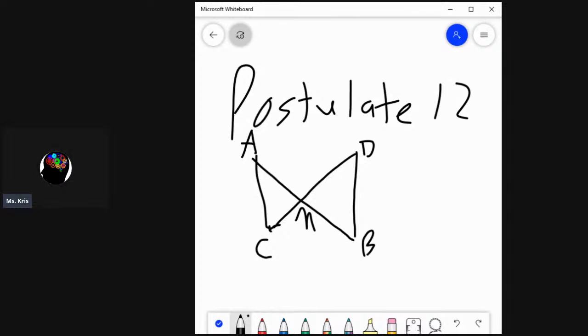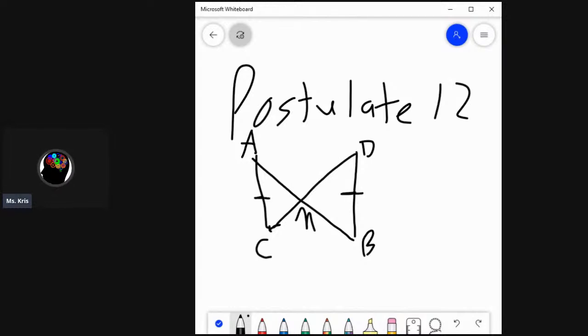You are given that AB and CD are bisected by M, and that AC is congruent to DB.